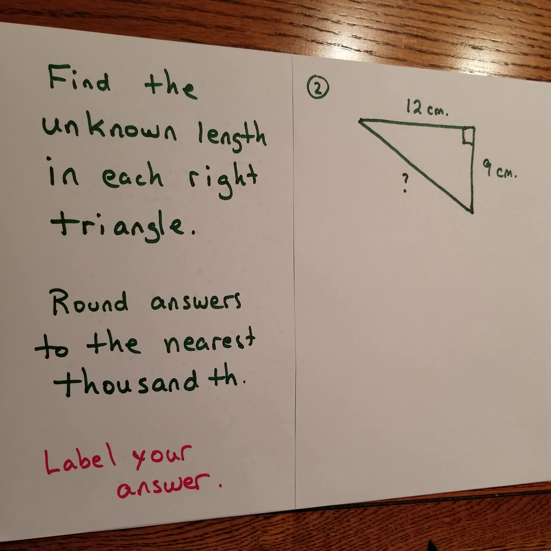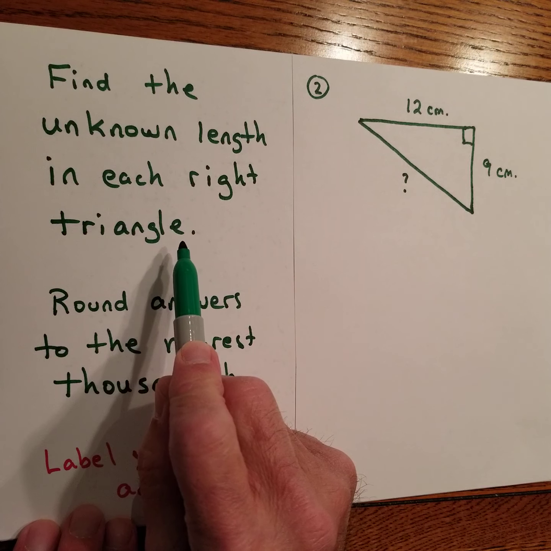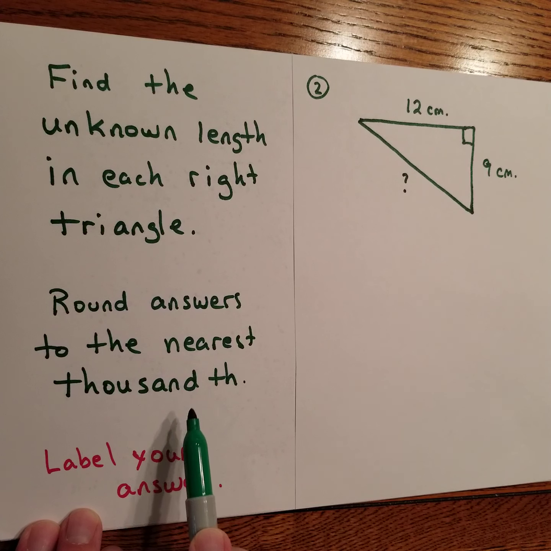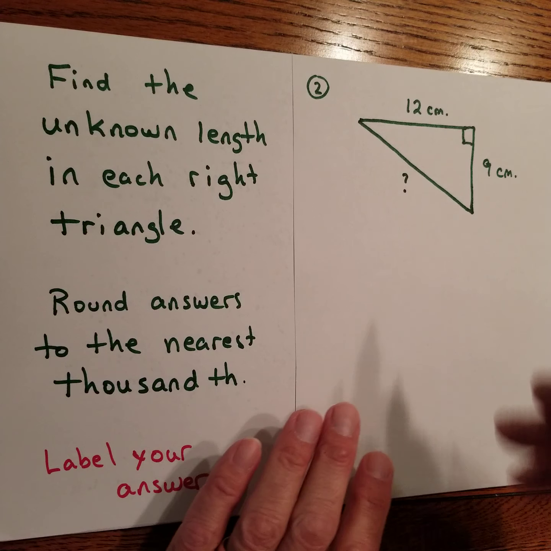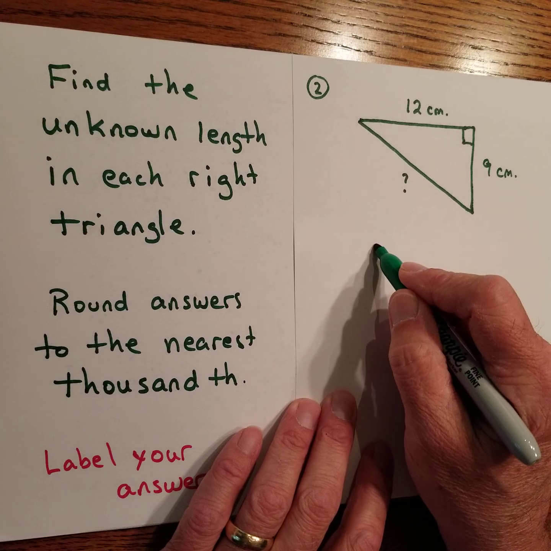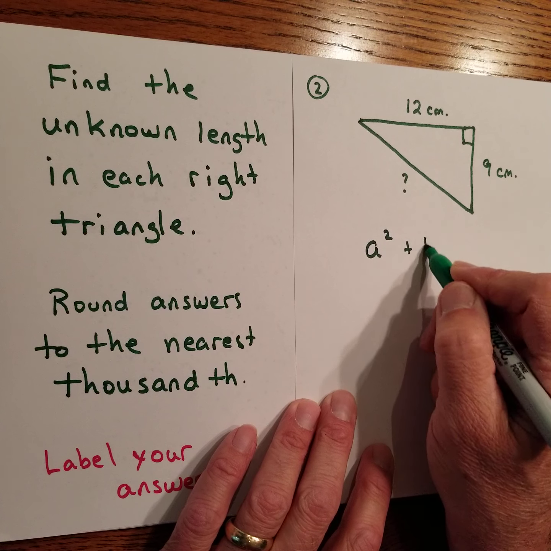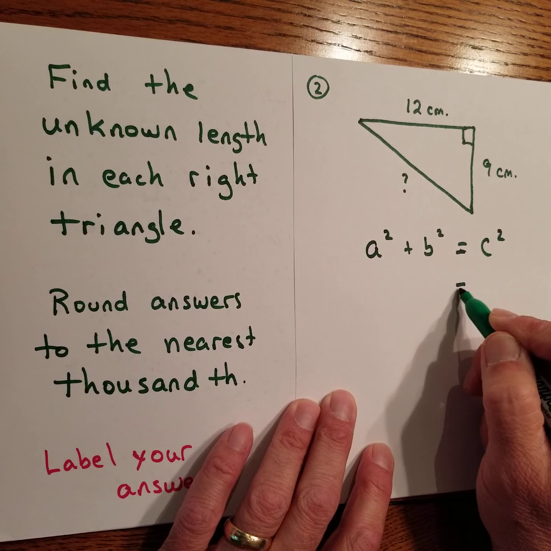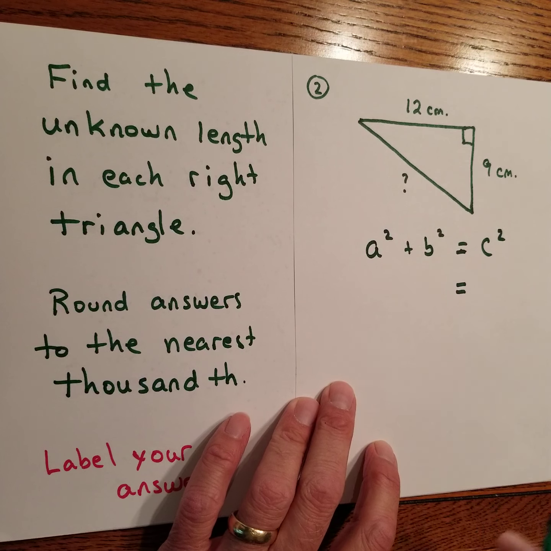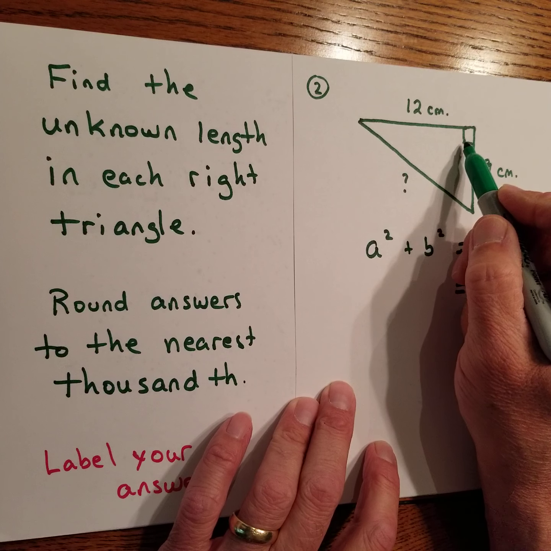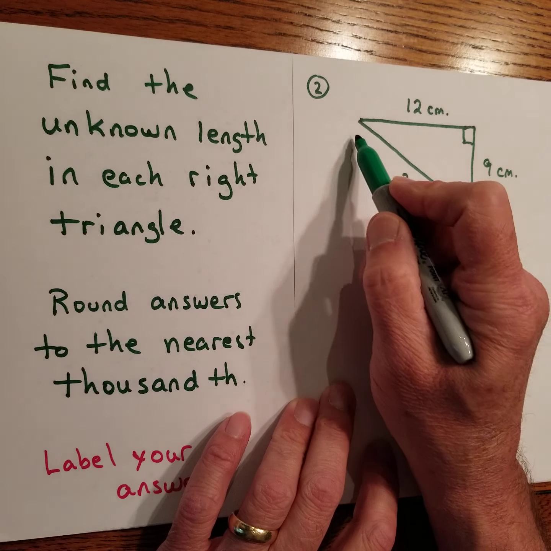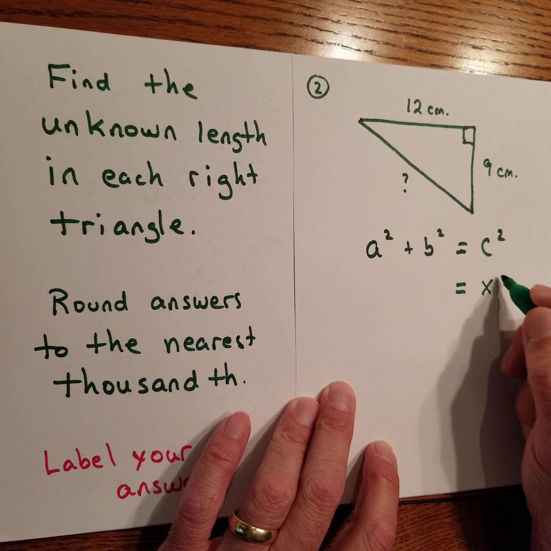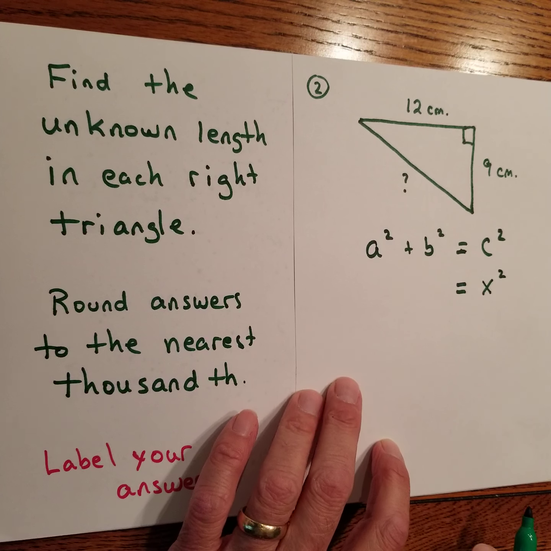Let's try that again. Find the unknown length here, round the answer to the nearest thousandth, label your answer. It's a right triangle, so I'm thinking a squared plus b squared equals c squared. Let's plug in. From the right angle, go to the opposite side. That's the hypotenuse. It's missing, and the hypotenuse must be c.